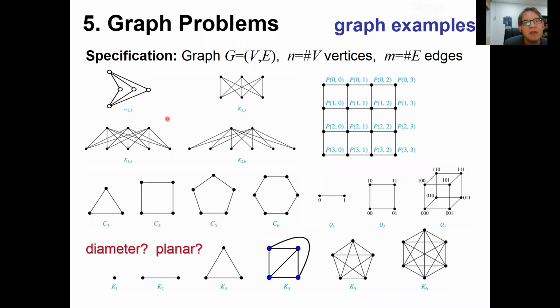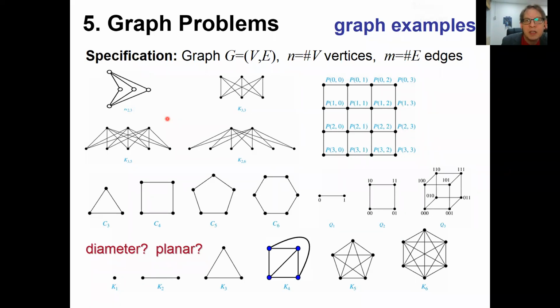And so it's the same graph, but now there's no edges crossing, which means that the complete bipartite graph on 2, 3 vertices is planar because it can be drawn in a planar way. It can be drawn without edges crossing. Okay, so that's our recap from last lecture.